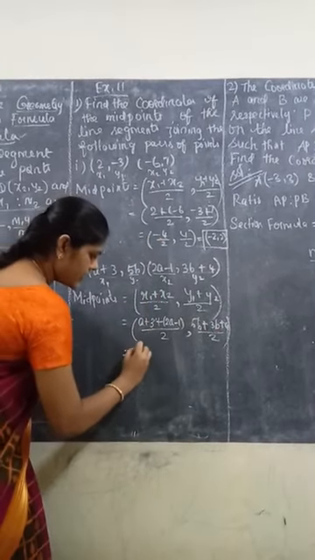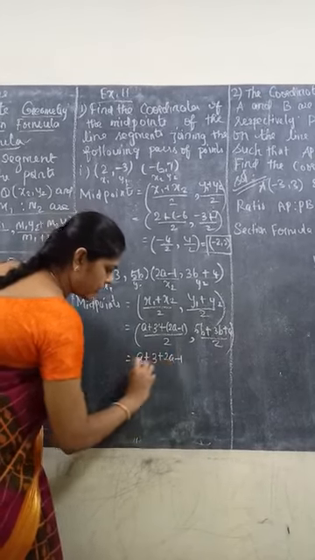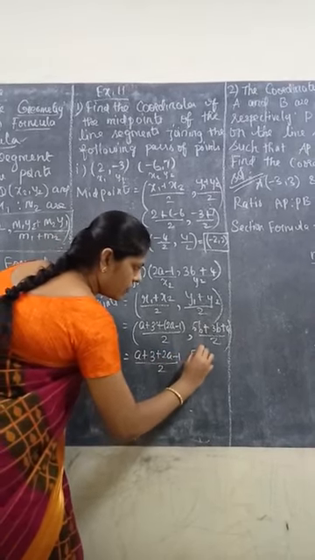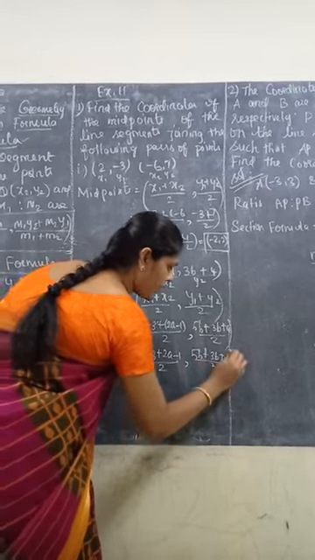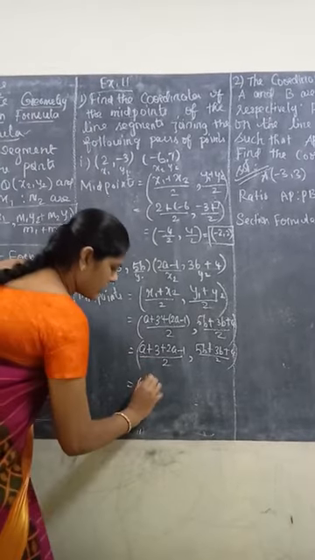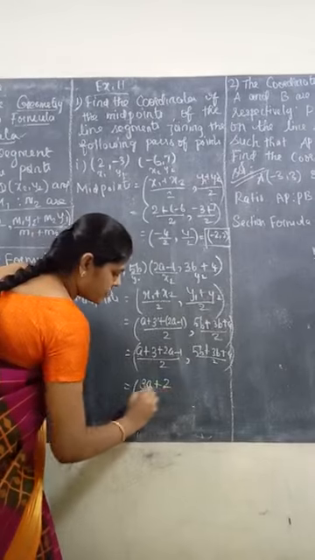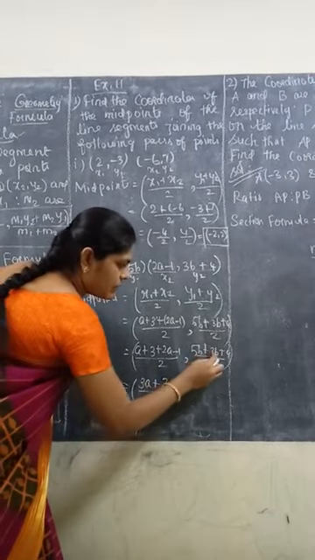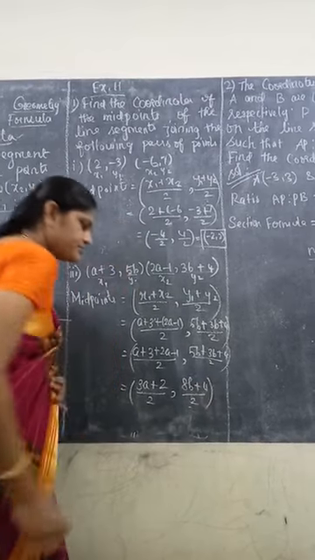Next listen, (a plus 3 plus 2a minus 1) divided by 2, comma (5b plus 3b plus 4) by 2. Next add: 2a plus a is 3a, plus 3 minus 1, that is 2, divided by 2. 5b plus 3b is 8b, plus 4, by 2.